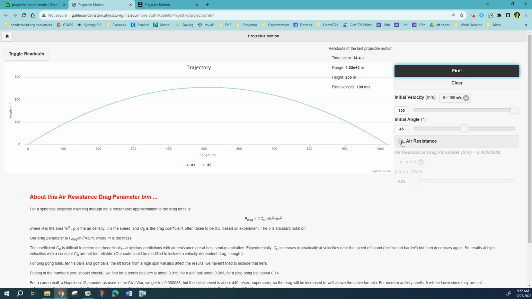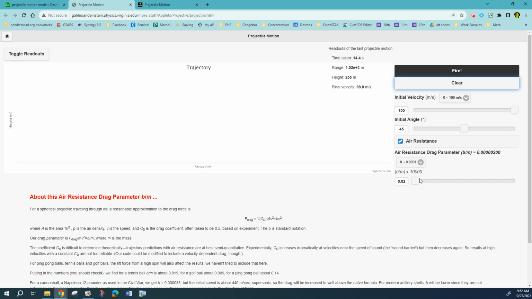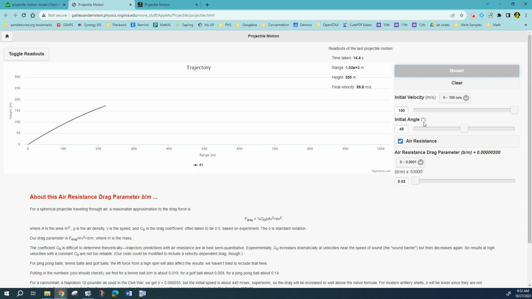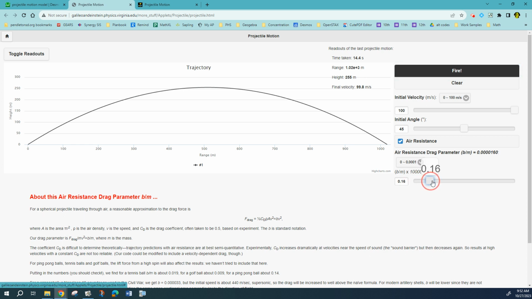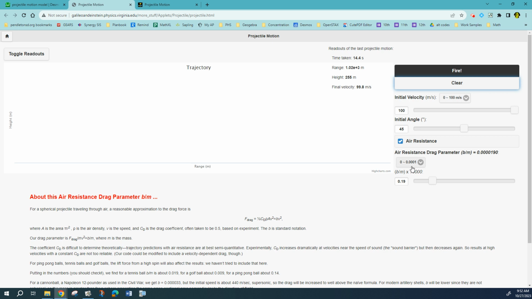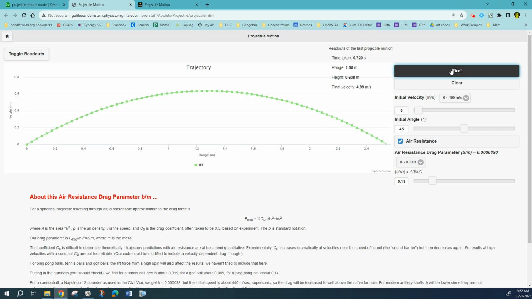Oh, I didn't hit, whoops, got to hit air resistance. Oh, what's going on here? I feel like I'm doing something wrong. It's 0.19. That's the problem. Yeah, there we go. 0.19, not 0.019. Okay, let's try this again. Let's go back and start over. Let's pick our initial velocity to be 5. Okay, so there it is with no air resistance.